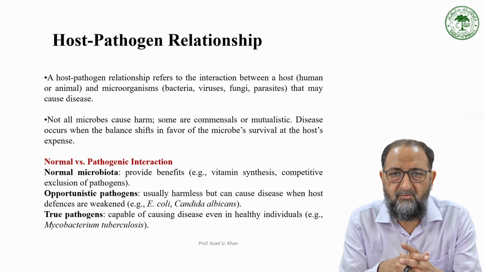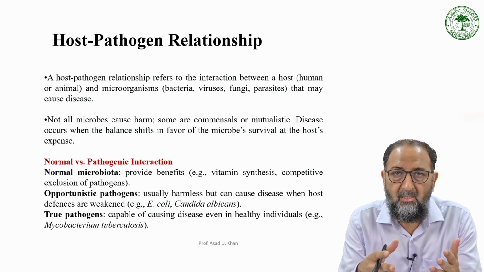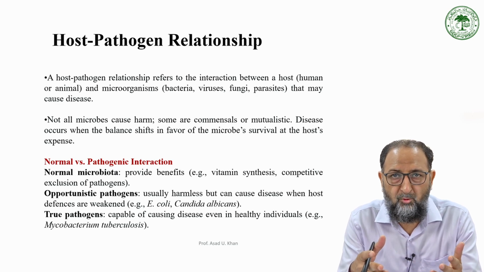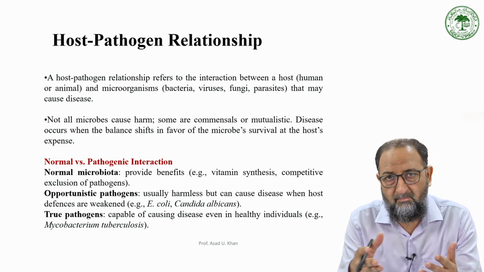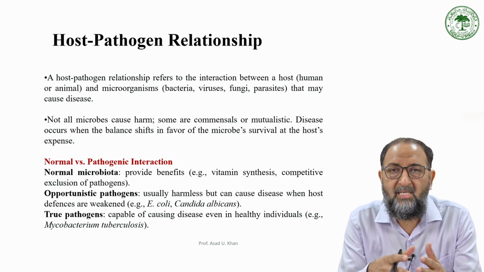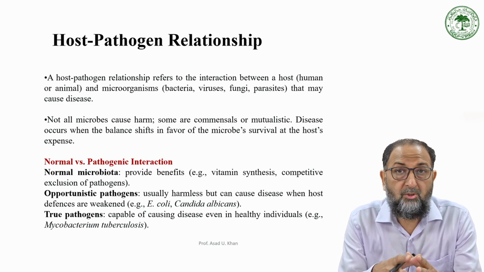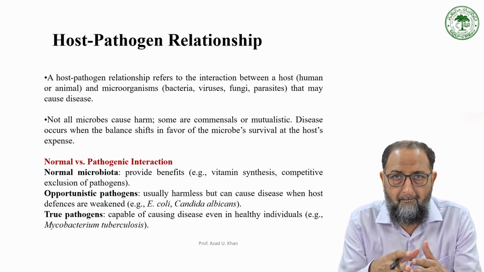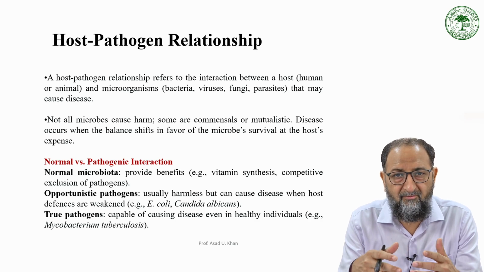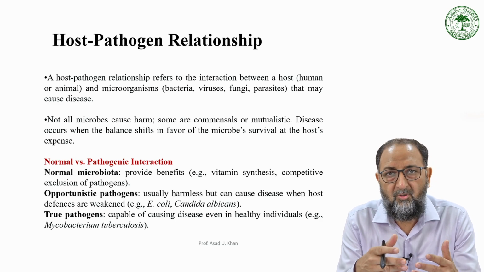Here the host pathogen relation refers to the interaction between the host, that be human, it could be animal, it could be plant, or it could be bacteria in case of phages, as we discussed about the phage bacterial interaction, or any kind of microorganisms, bacteria, virus, fungi, parasites. So that may cause a disease, that is called host parasite relationship. Now if the relationship is being broken, then the infection establishment is not possible. So the way to intervene in this relationship is basically the mantra for infection control.